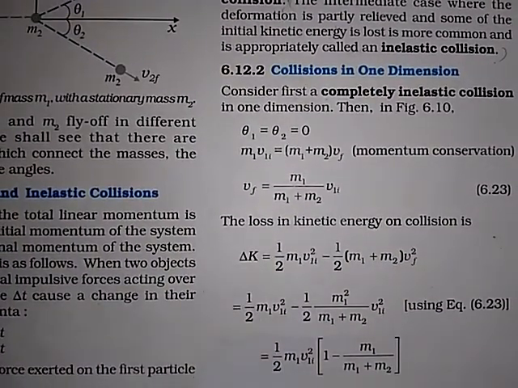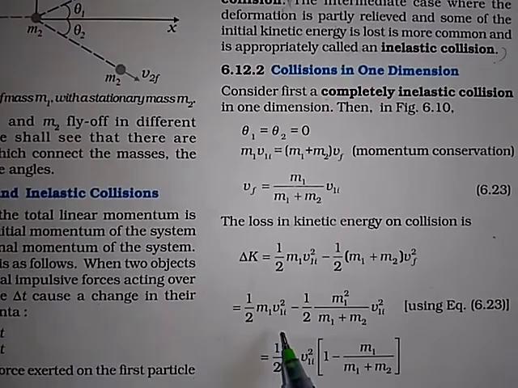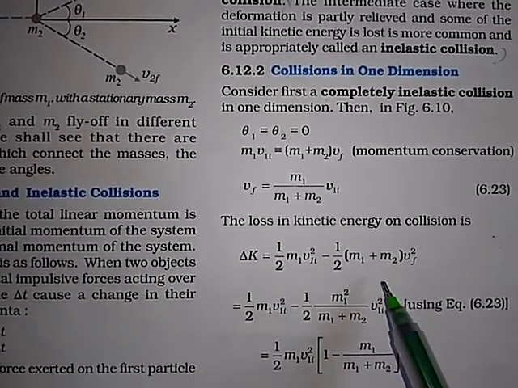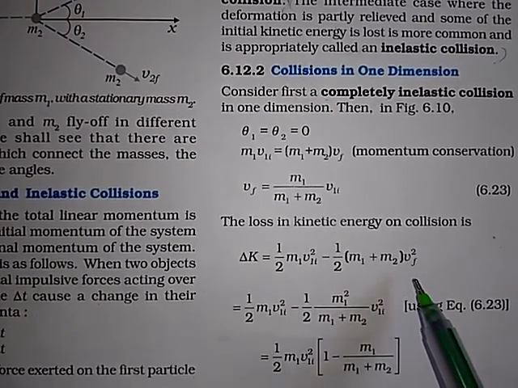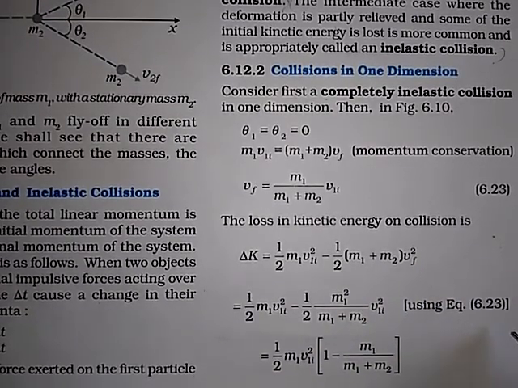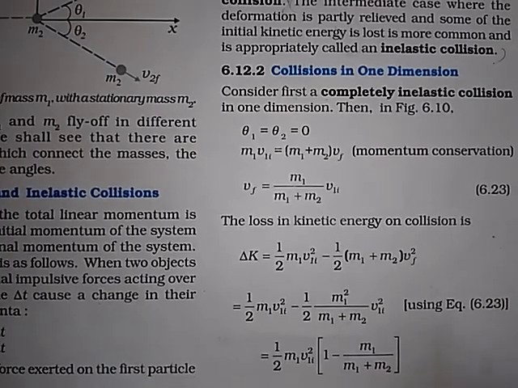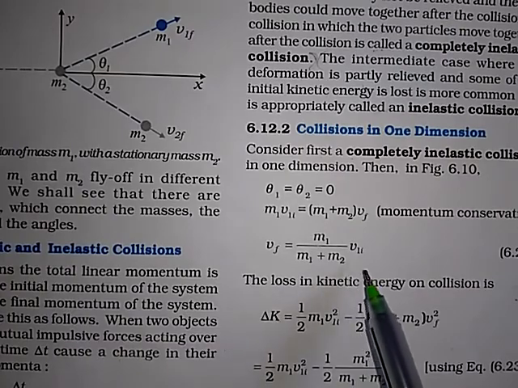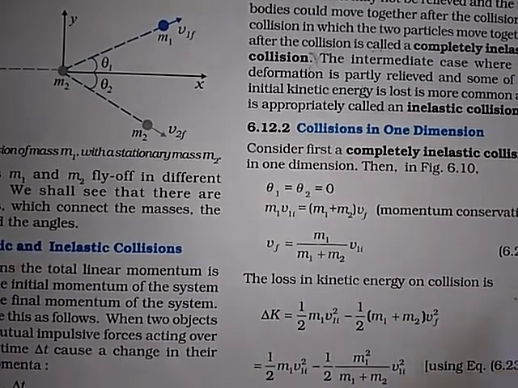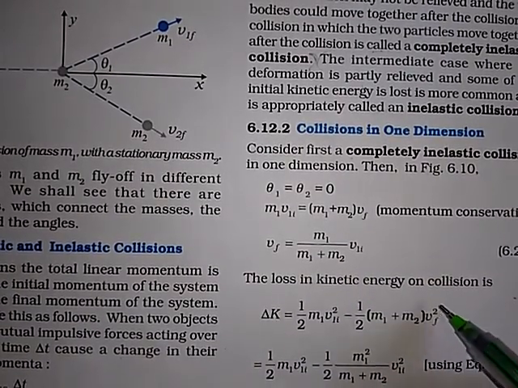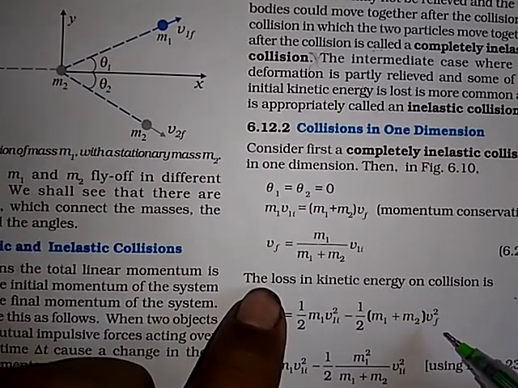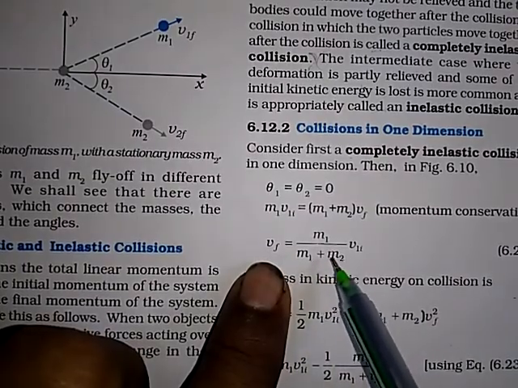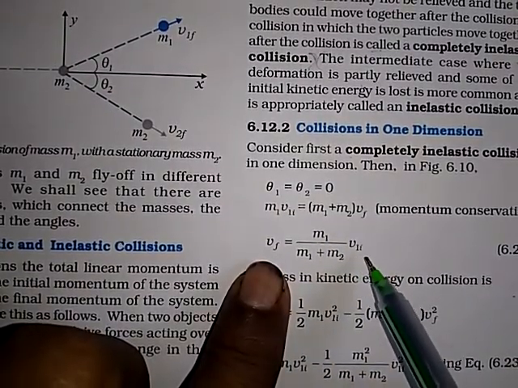Now if you expand this, half m1 v1I square minus half m1 vf square plus half m2 vf square. But from equation 623, we know that vf is equal to m1 divided by (m1 plus m2) into v1I. So substitute the value of vf here, that is vf square means m1 divided by (m1 plus m2) the whole square and v1I square.